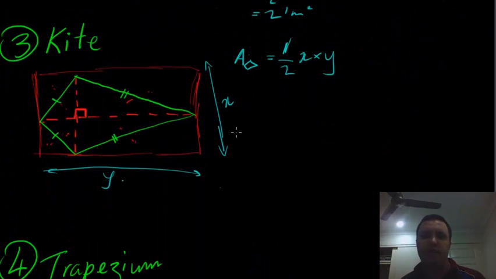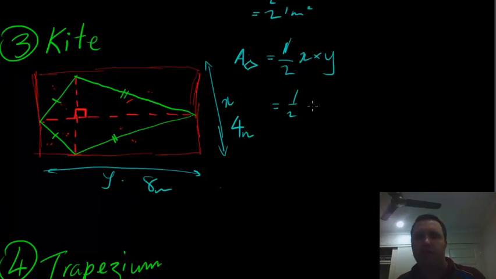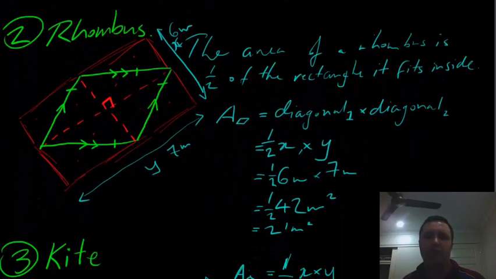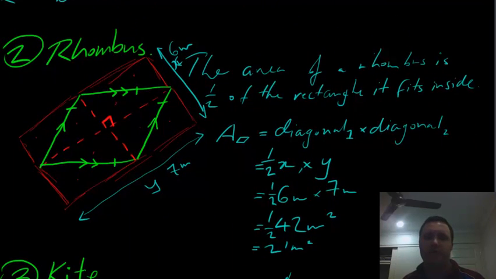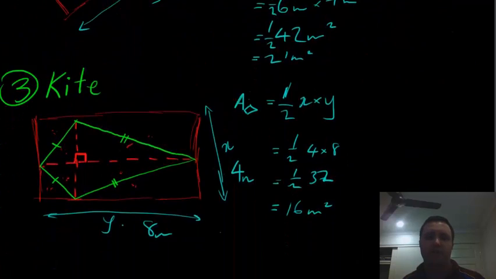If I had this as 8 and 4 meters, therefore this is equal to half of 4 times 8, which is half of 32, which is equal to 16 meters squared. Okay, so remember this kite and the rhombus are half of the diagonals multiplied.